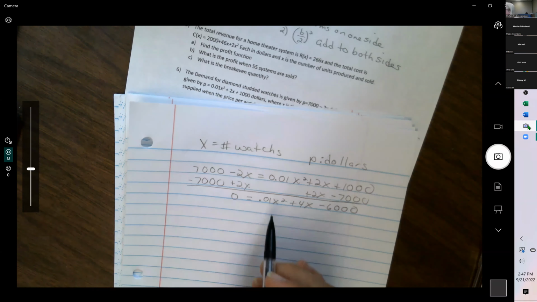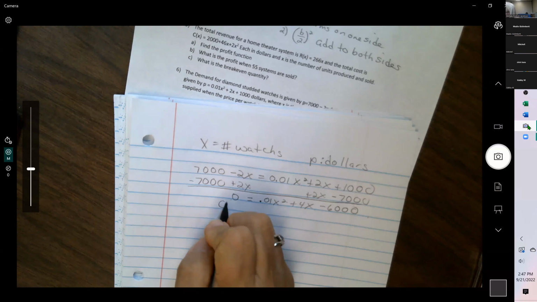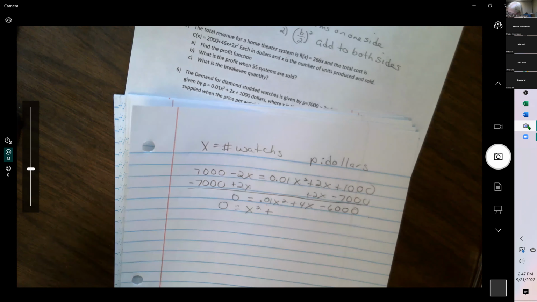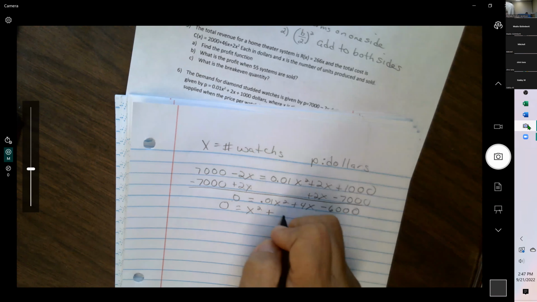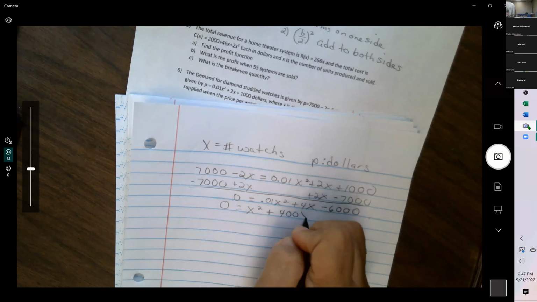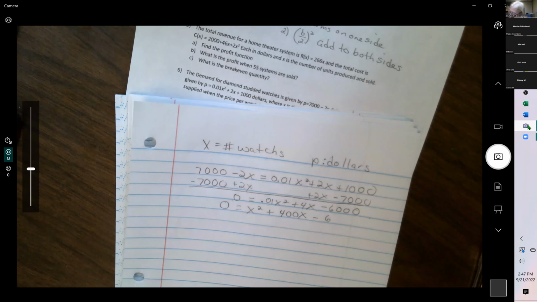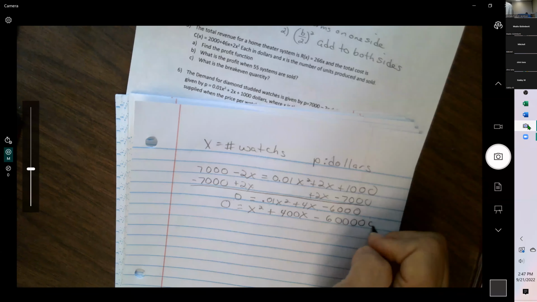Again, I could divide all 4 terms by this, but my numbers are going to get big. 0, x squared, 4 divided by 0.01 is 400, minus 6, and 5 zeros.